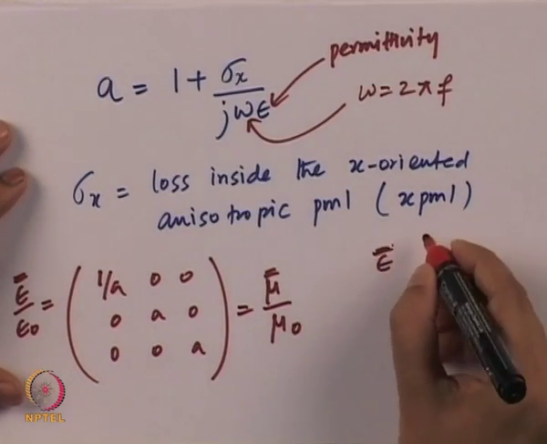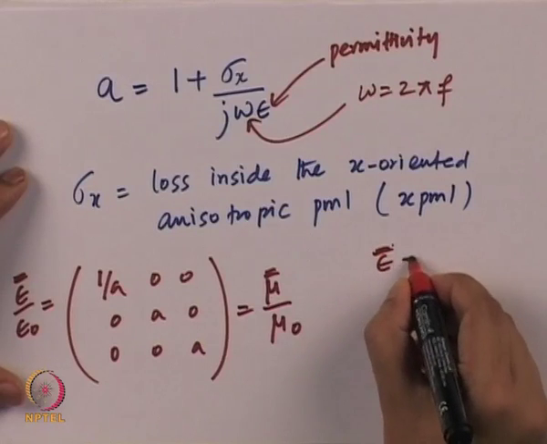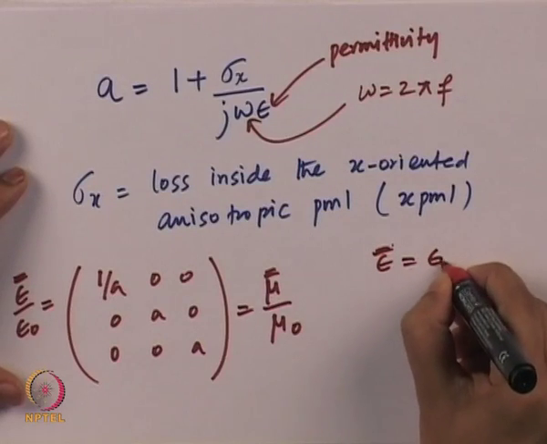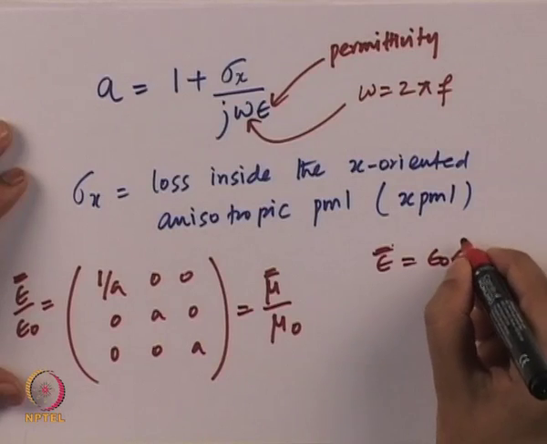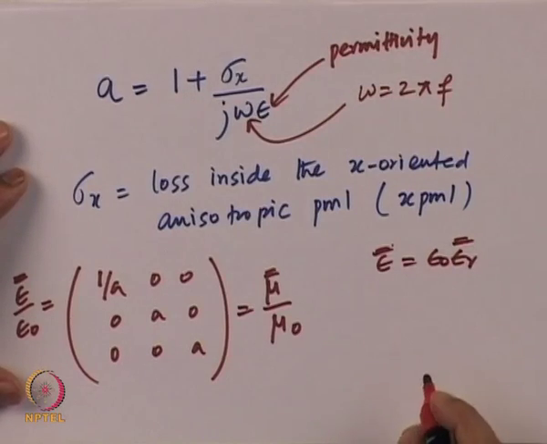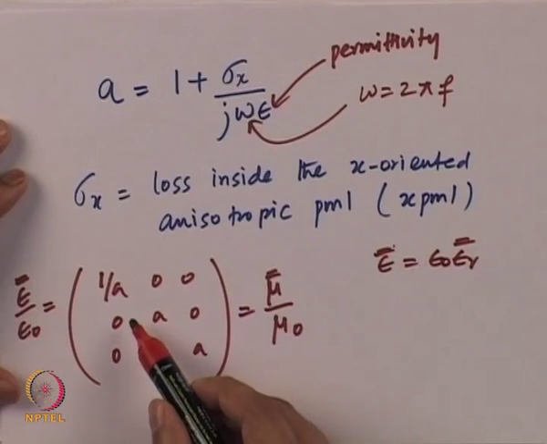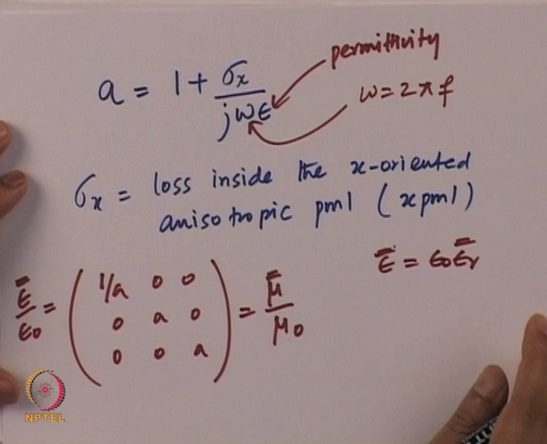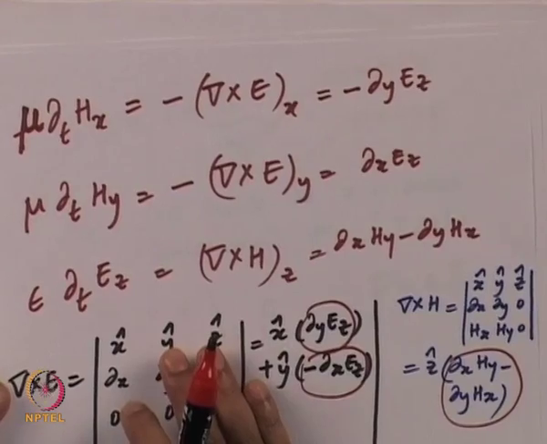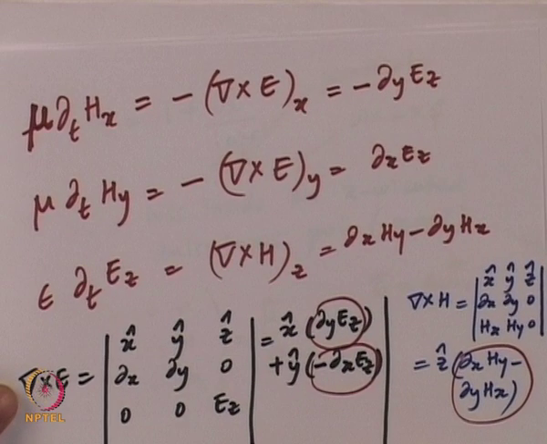Do not forget epsilon double bar on the top is going to be given by epsilon naught epsilon r, where epsilon r is also a tensor, and this is the tensor we are talking about. So now we are going to multiply this particular form to get an equation that we are going to model for the uniaxial PML. So let us plug this one into the equation we have earlier derived and start deriving step by step the uniaxial PML formulation.